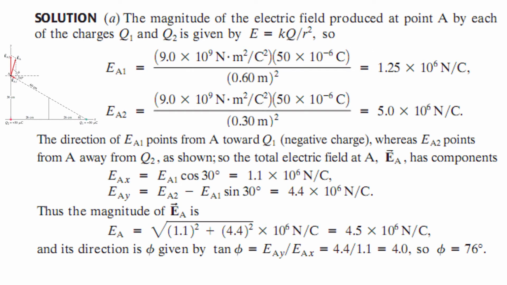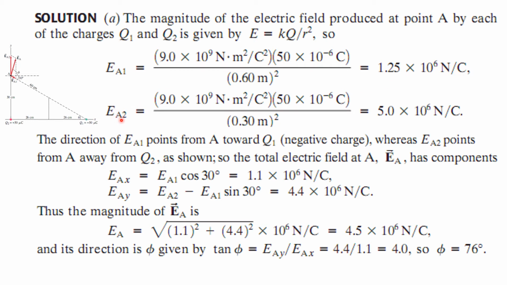Then step by step on calculation. We first calculated the electric field on point A due to charge 1, which is equal to K times the magnitude of charge 1, then divided by the distance between charge 1 and point A squared, which gives 1.25 times 10 to the power 6 Newton per Coulomb.